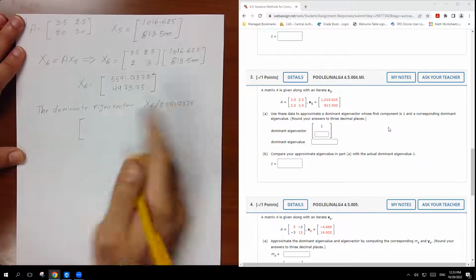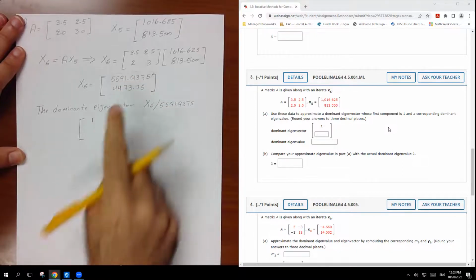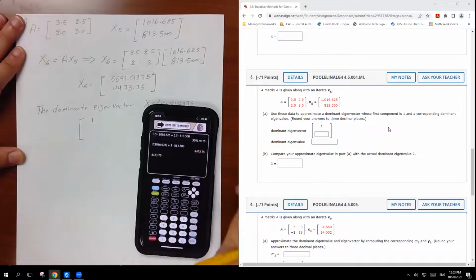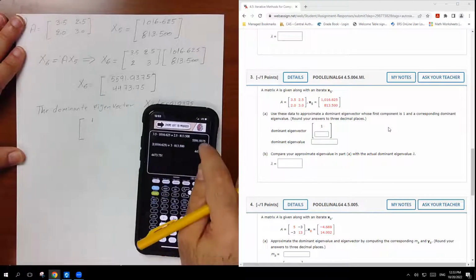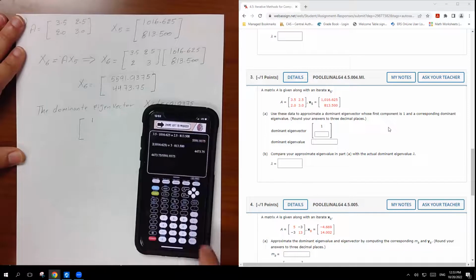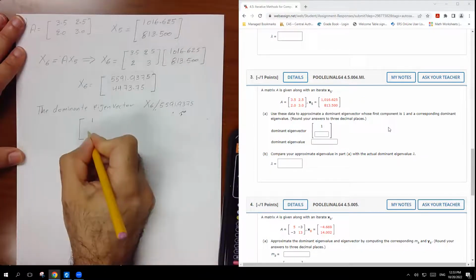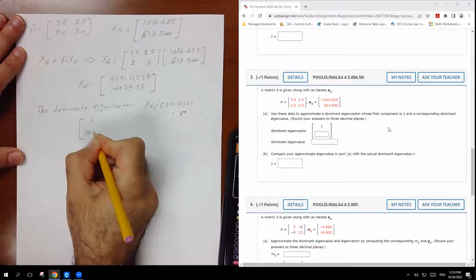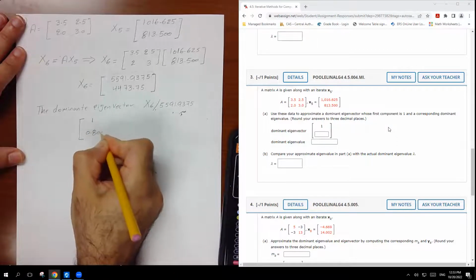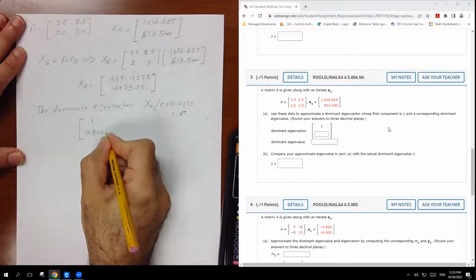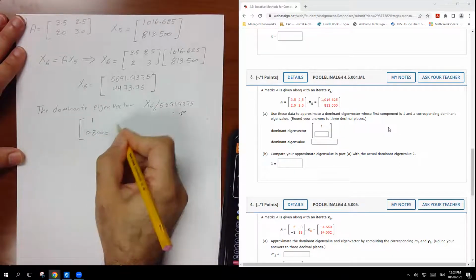This one divided by this one is going to be 1. Now 4473.75 divided by this one is 0.8, and how many zeros do we have? 3 zeros and 3.